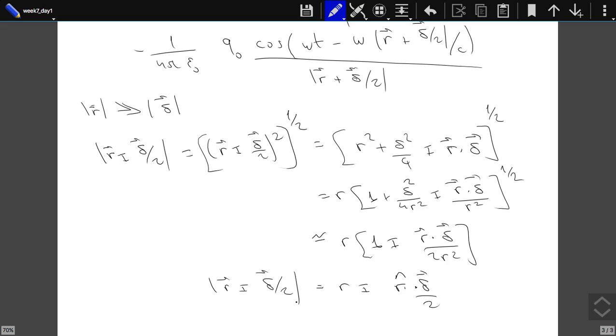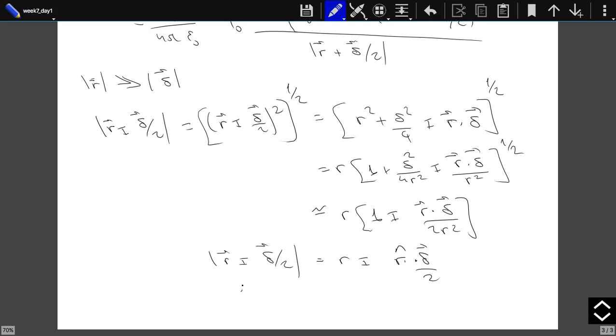This is one approximation we will do in the retarded time. 1 over |R ± delta/2| will have more or less the same expression with the opposite signs, minus plus R hat dot delta over 2.